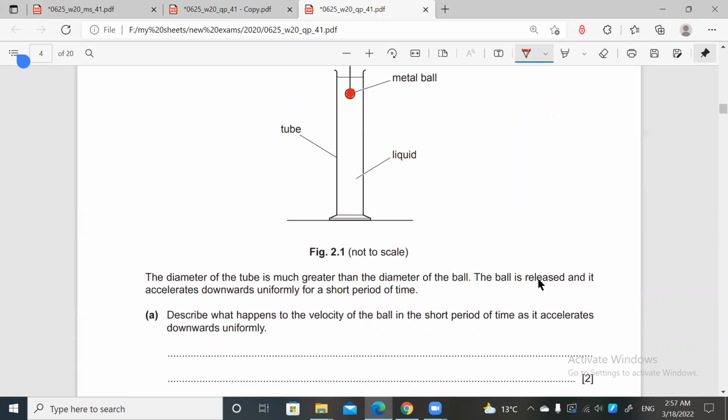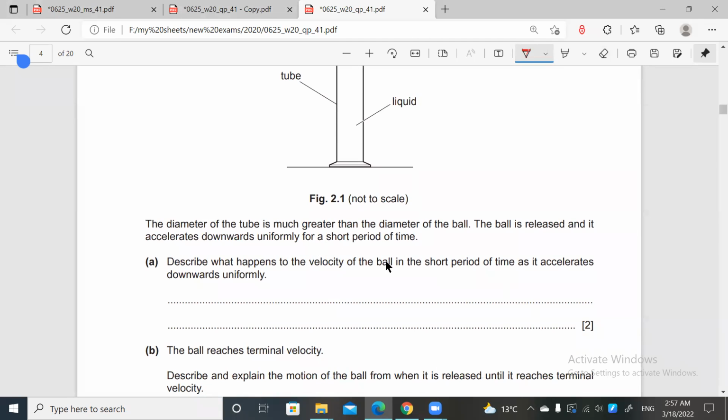So the ball is released and it accelerates downwards uniformly for a short period of time. Describe what happens to the velocity of the ball in the short period of time as it accelerates downwards uniformly. This question is asking what is meant by accelerates uniformly.